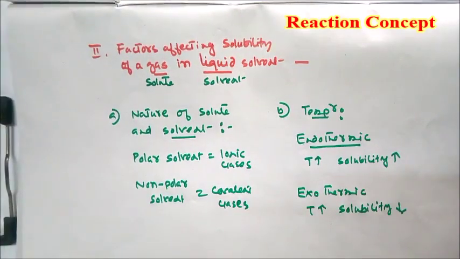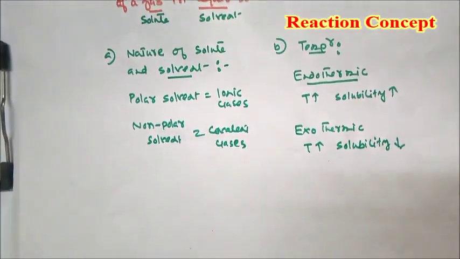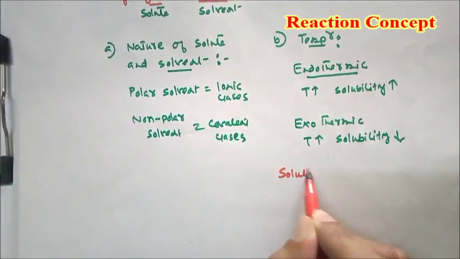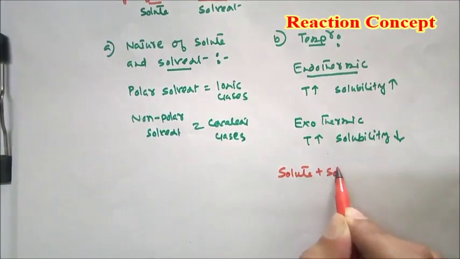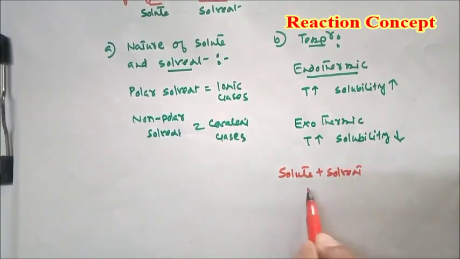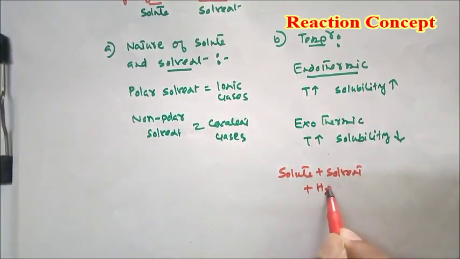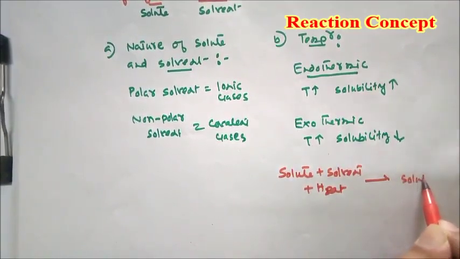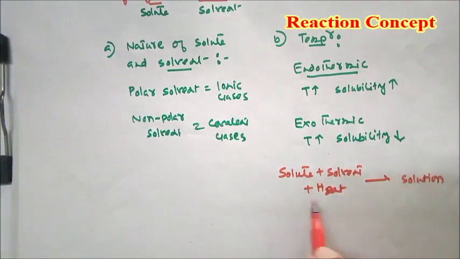Let us consider an endothermic process. Suppose you are dissolving a solute in a solvent, and by absorbing some amount of heat, it gives rise to the solution. This is an endothermic process because it is absorbing some amount of heat from the surroundings.